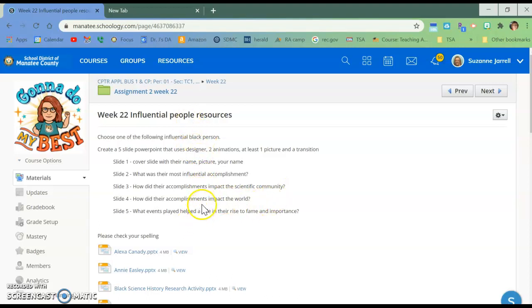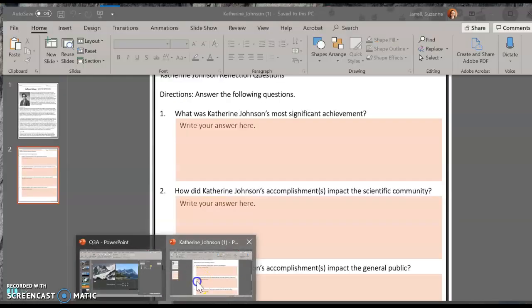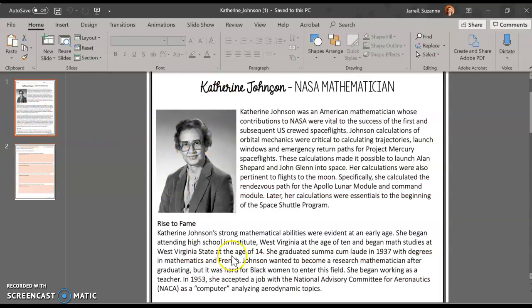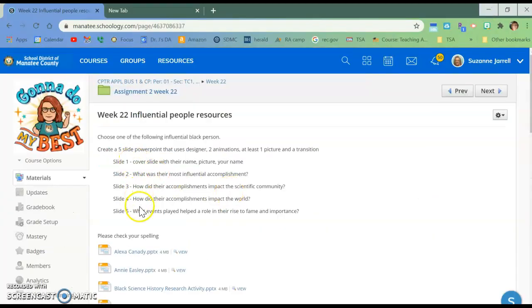So you are reading this information here, and you're using it to create a 5-slide PowerPoint that uses designer, 2 animations, at least 1 picture, and a transition on each one of the slides.